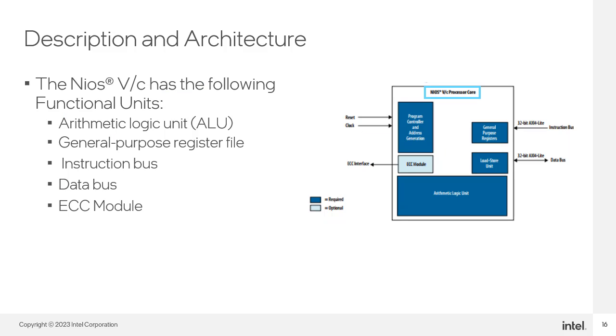The option with Nios V-C being a compact microcontroller is the small Nios V version with non-interrupt driven control application. The Nios V-C has the following functional units: arithmetic logic unit, general purpose register file, instruction bus, data bus, ECC module.